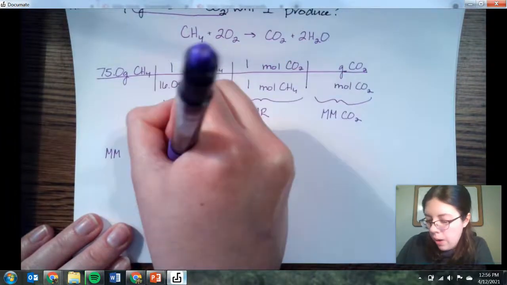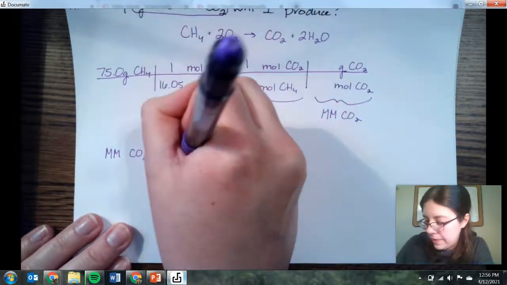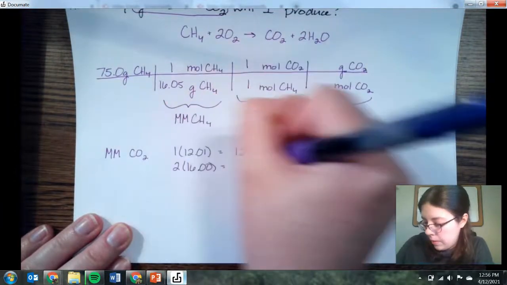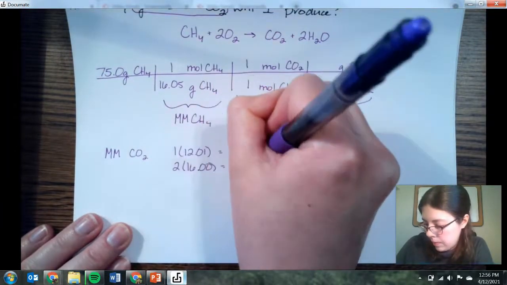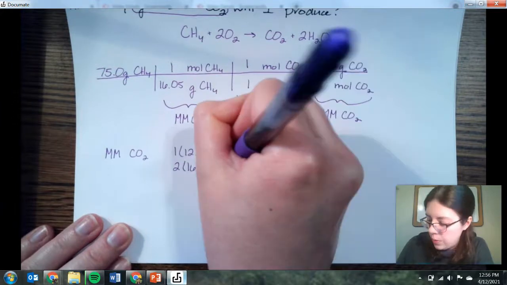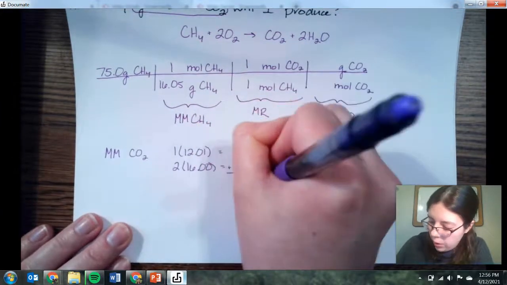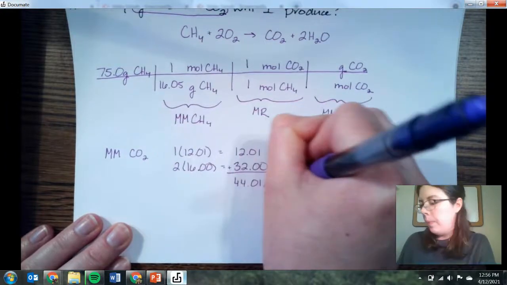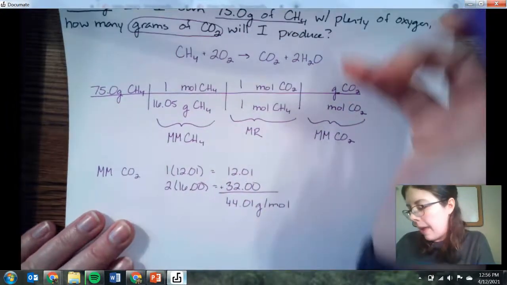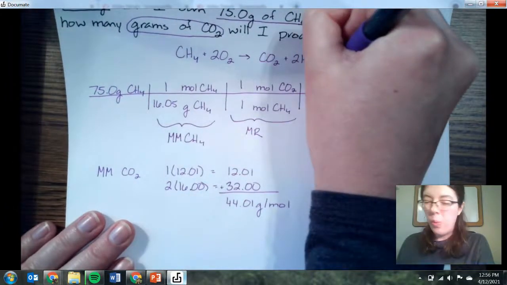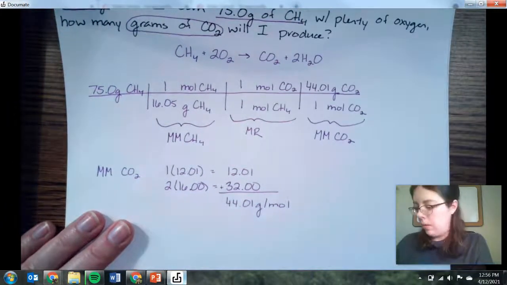And I have 2 oxygen, each one having a mass of 16. So if I add those up, that gets me to 44.01 grams per mole. So on the bottom, I have a 1 mole. Up on top, I have 44.01 grams.